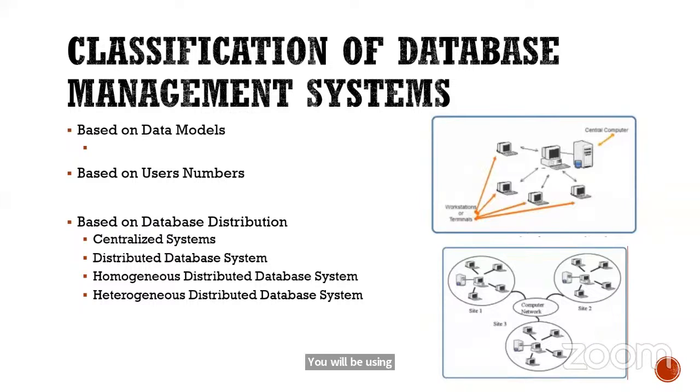You must be using Oracle to be able to access it. You must be using Java to be able to access it. That is a homogeneous kind of system. But for a heterogeneous distributed database system, we are saying that you can use any software to access such a system. Is that taken?